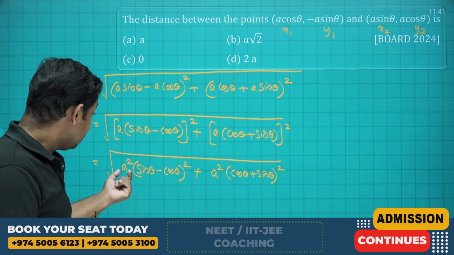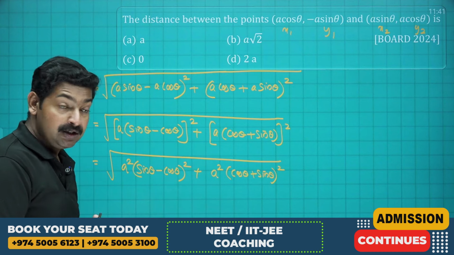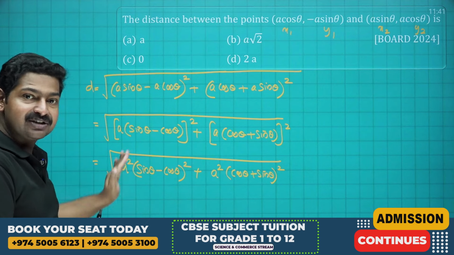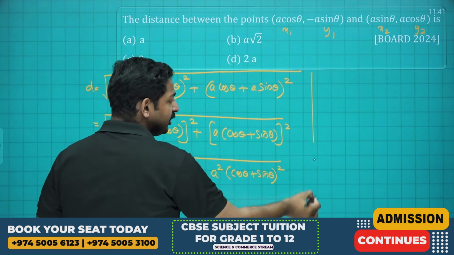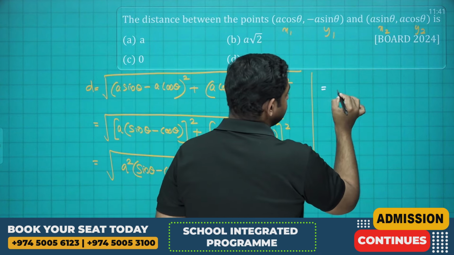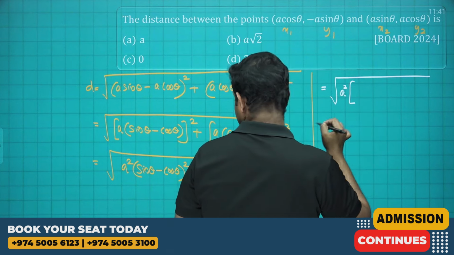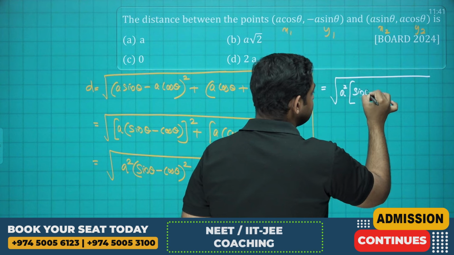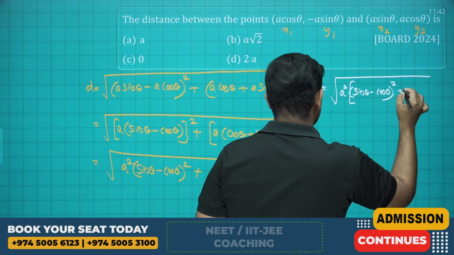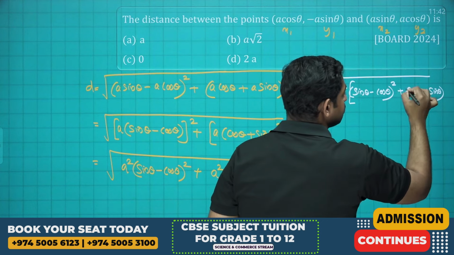Now again you can see here two terms are there inside the root. In both the terms a square is there, so we can take a square outside. If you take a square outside, you will be getting root of a square into, the balance is (sine theta minus cos theta) the whole square plus (cos theta plus sine theta) the whole square.